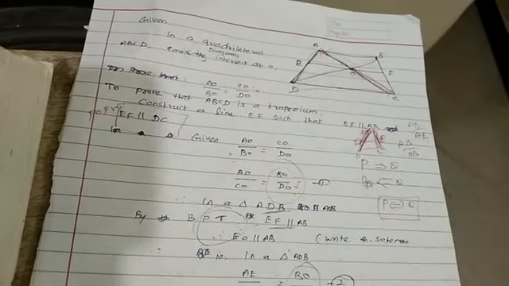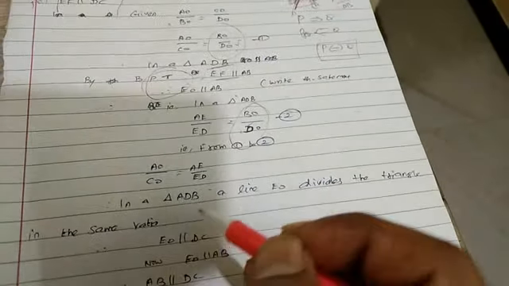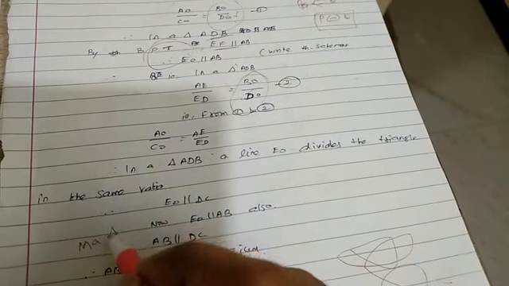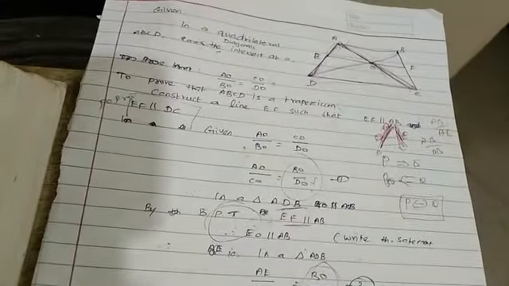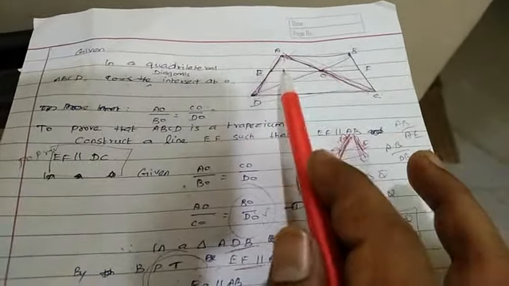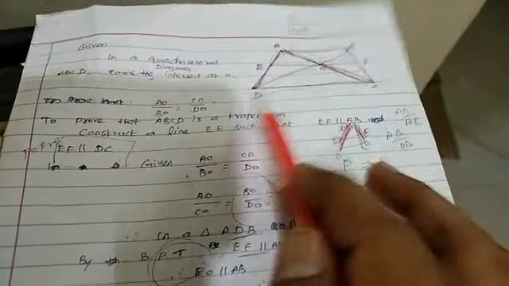So in triangle ACD, EO is parallel to AB. Also, now we proved EO is parallel to DC.